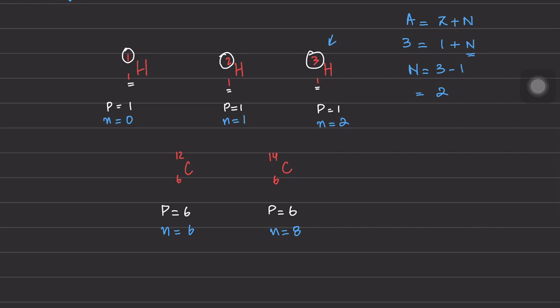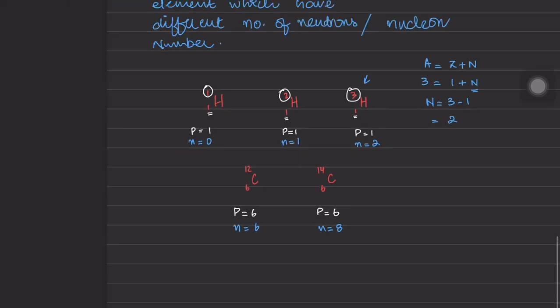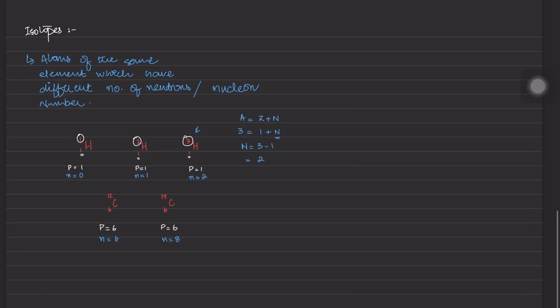But there are two main differences that we will be talking about. Number one is that we have non-radioactive isotopes, and then we have radioactive isotopes. So what exactly are non-radioactive and radioactive? Let's dive into that.